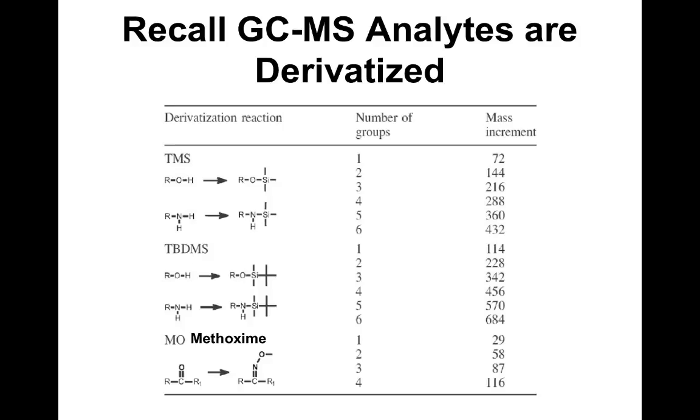TBDMS is one, and it'll add, obviously, more mass to the molecule. And methoxime, or MO, also is a derivatization agent, and it will also add certain masses. So you have to remember that when you're looking at GCMS, most of them are derivatized molecules. The masses do not match the pure compound. They have to match the derivatized compound.